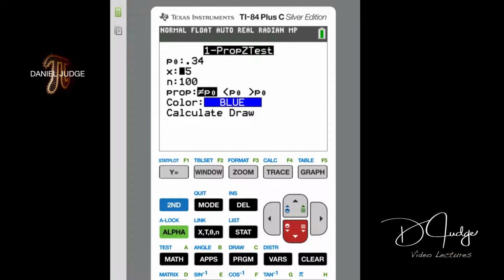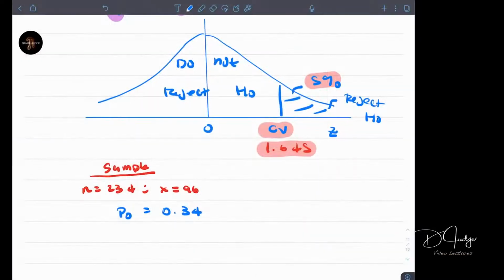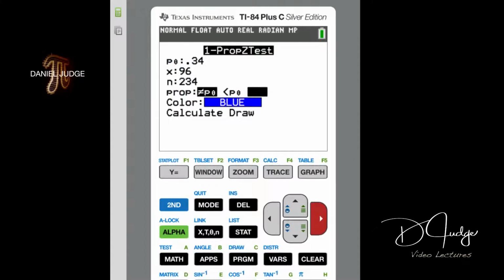X here is 96. The sample size is 234. Again, now P naught, we've got to understand, is this a right tail test, a left tail, two tail test? I've got to go back. It's pointing to the right. That means we have a right tail test. Let's point to the right. Hit enter. We're going to calculate.